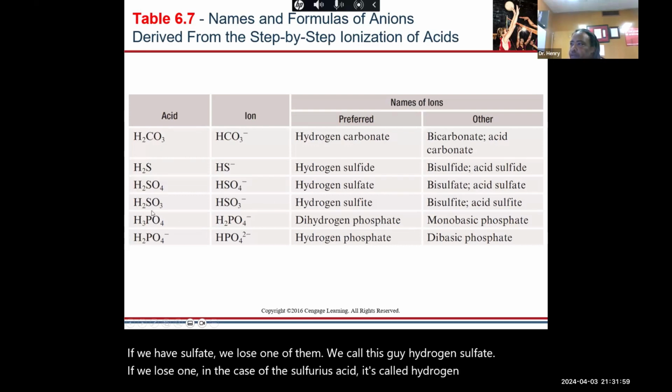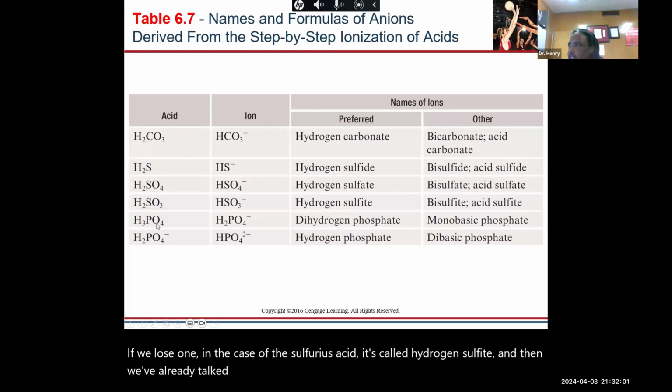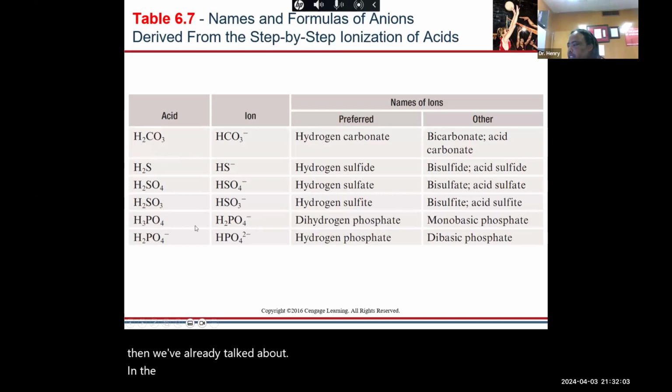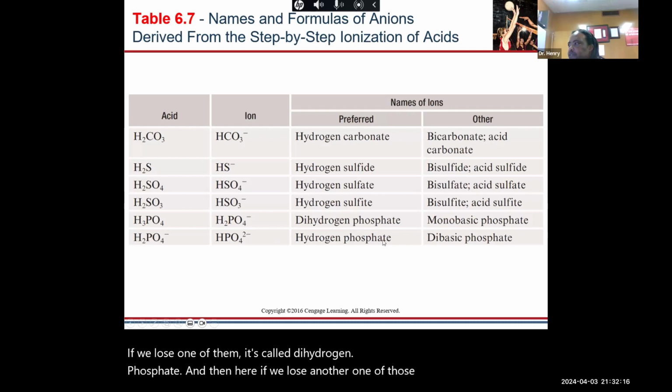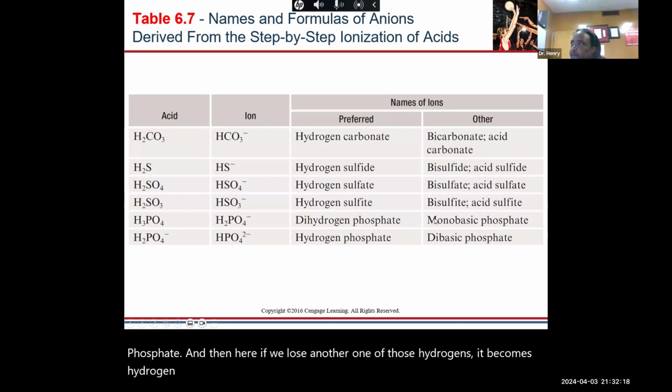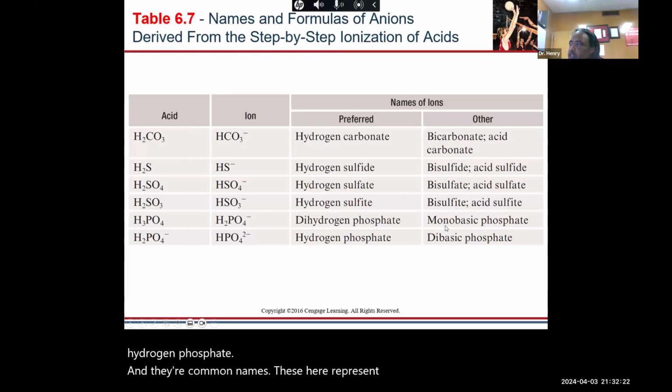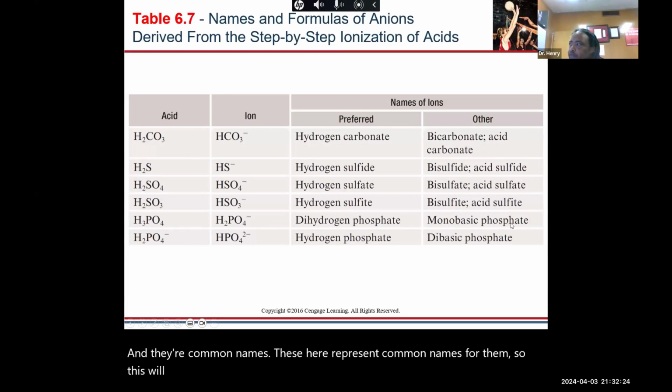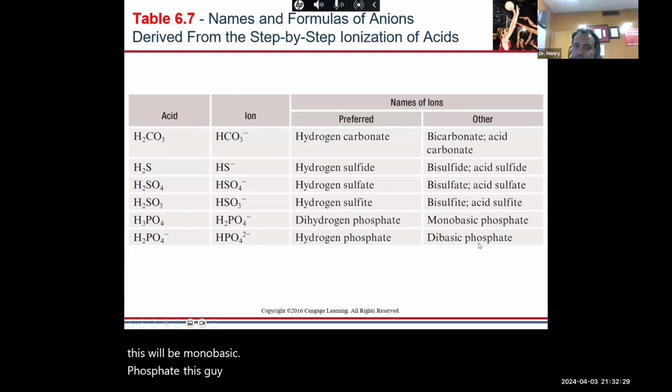And then we've already talked about phosphoric acid: if we lose one of them, it's called dihydrogen phosphate. And here, if we lose another one of those hydrogens, it becomes hydrogen phosphate. These here represent common names for them. So this one will be monobasic phosphate. This guy's going to be dibasic.